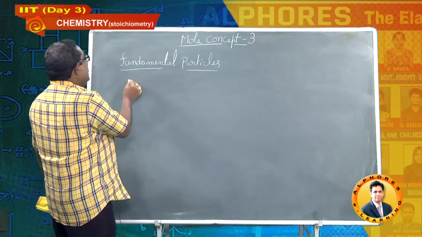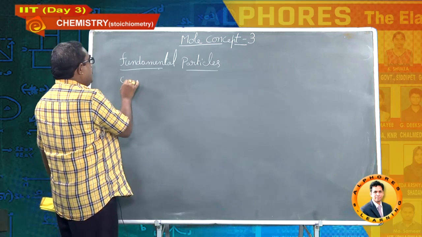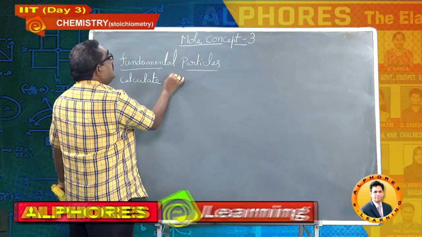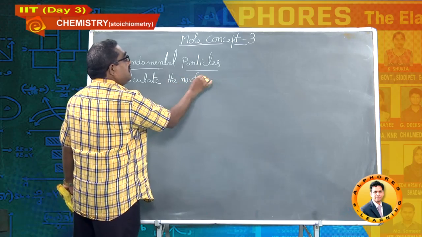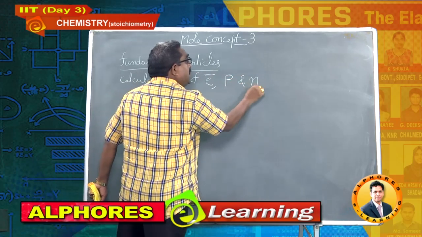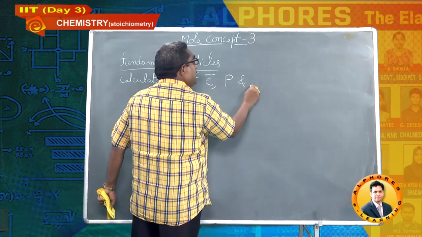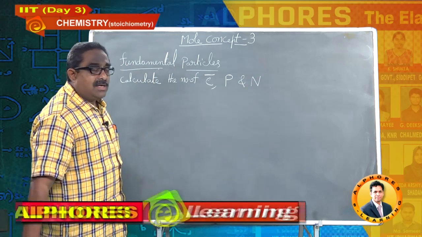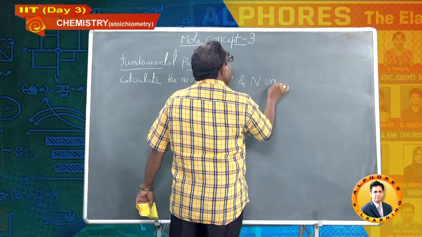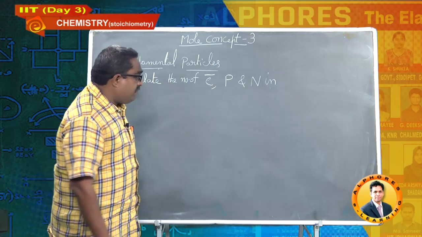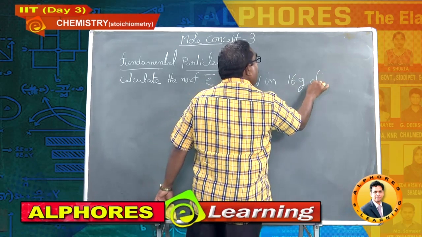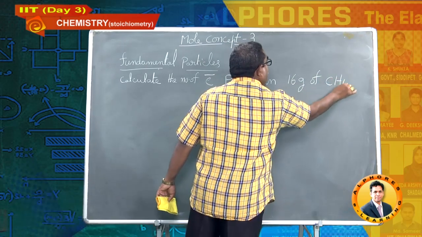Then I have to go for the explanation of how to calculate the fundamental particles in the stoichiometric approach. Okay, students, I am going to give a question. Write down students, calculate the number of electrons, protons and neutrons, I am going to write it as capital letter N, in a given sample of 16 grams of methane.